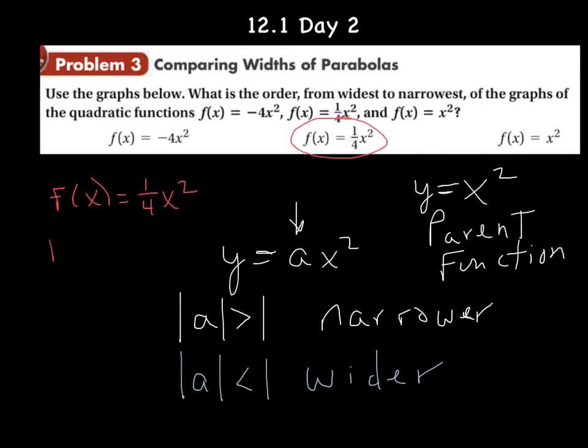So the next one in the list, as far as going from wide to narrow, would be the parent function of f of x equals x squared, which means that the narrowest of these functions is going to be the -4x squared, because that's the one where the function values are going to be changing the fastest. Okay, so that graph gets narrow, it gets a little bit steeper if you want to think of it in those terms.